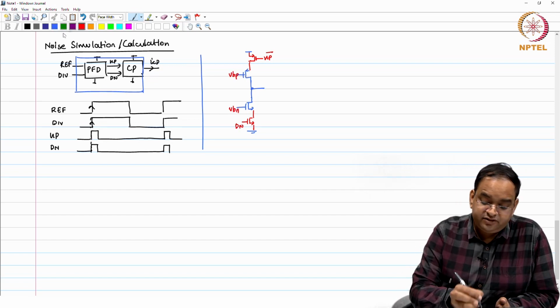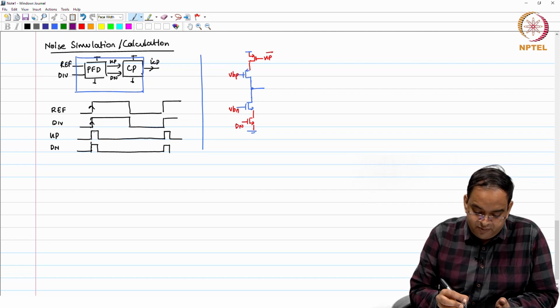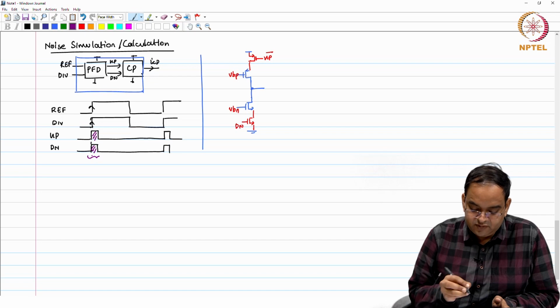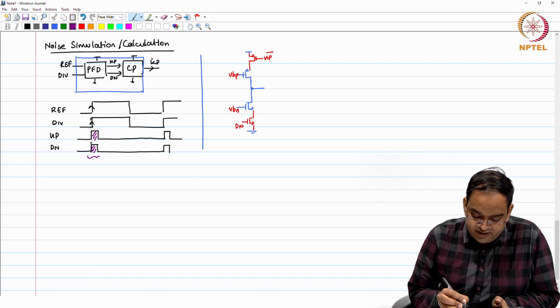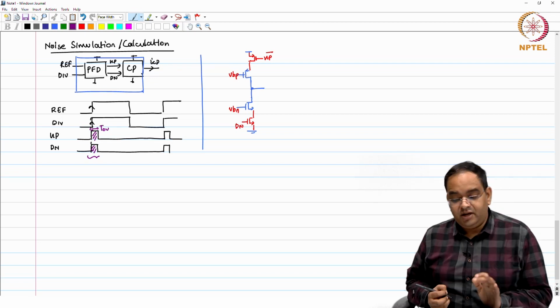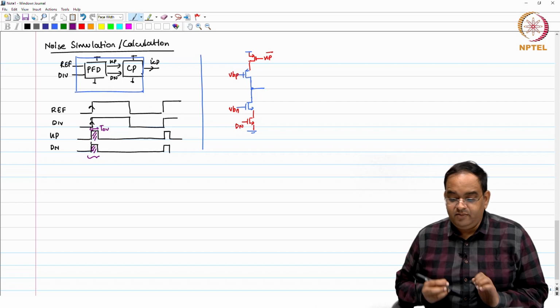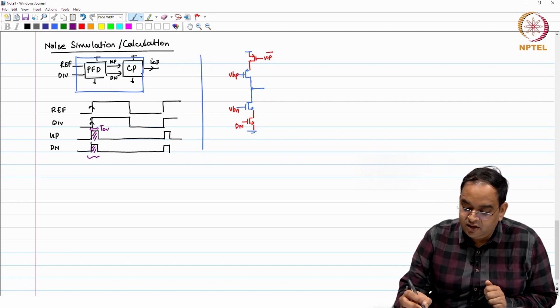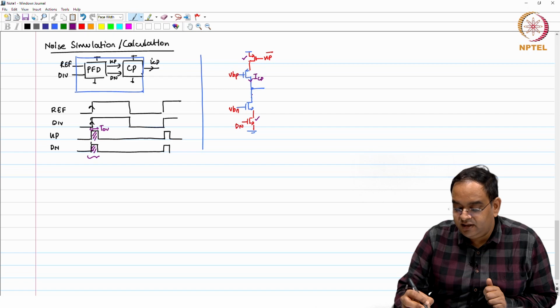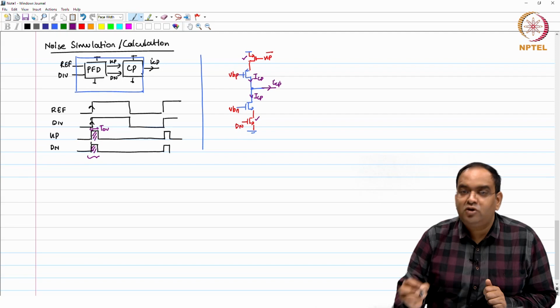Now, consider the case when up bar is high for this much time and down is high for this much time, which means during this time, T overlap or T reset as I will call it, this switch is on, this is also on, and the desired current will flow from top to bottom. Ideally, this is the same ICP, and no current comes out of the charge pump.